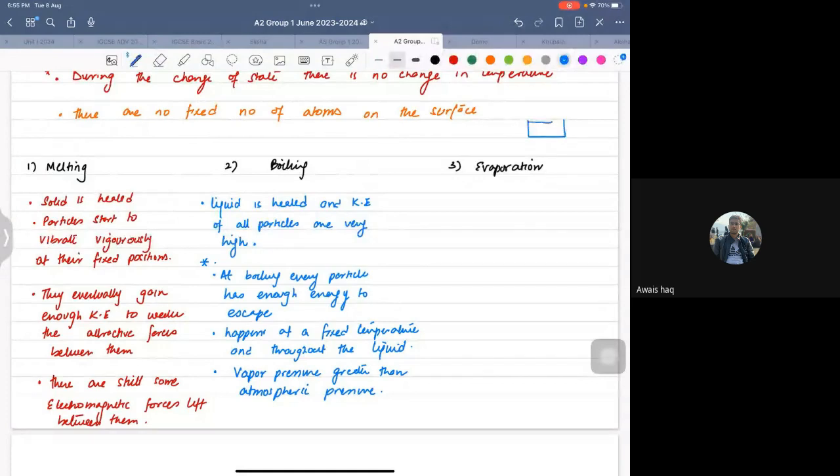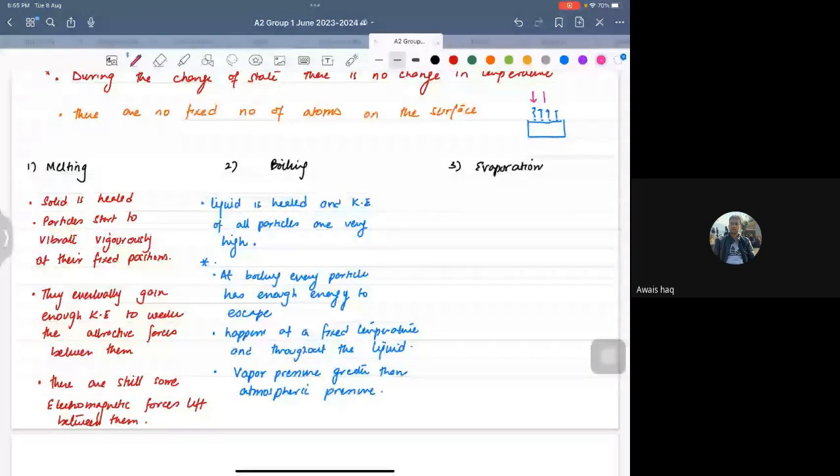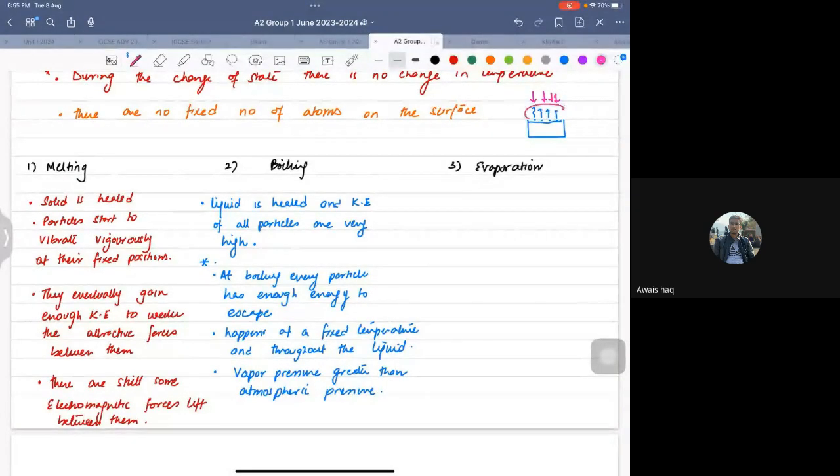So when it is boiling, the particles of the liquid want to escape to the atmosphere. But there's already atmospheric pressure acting on it. The only way they can escape into the atmosphere is when their own pressure is greater than the atmospheric pressure that is applied here. Otherwise, they cannot escape. So that's how. All right.